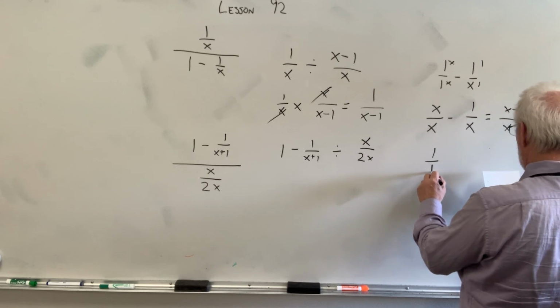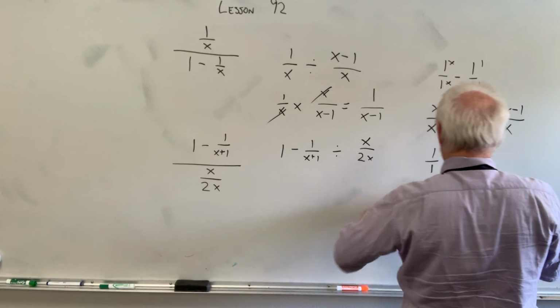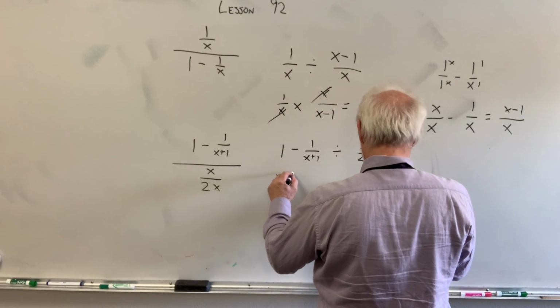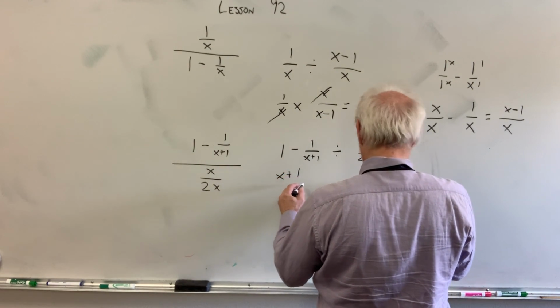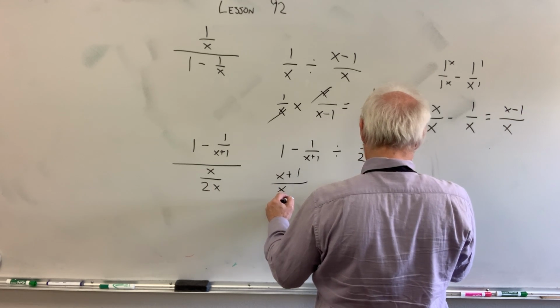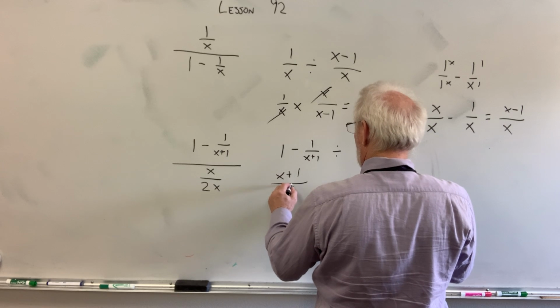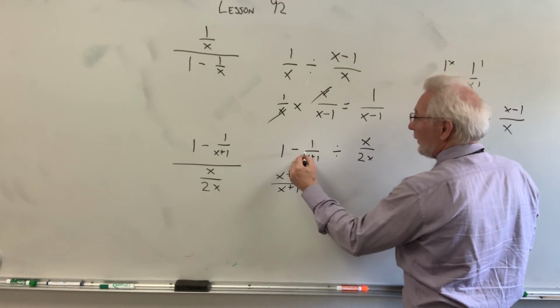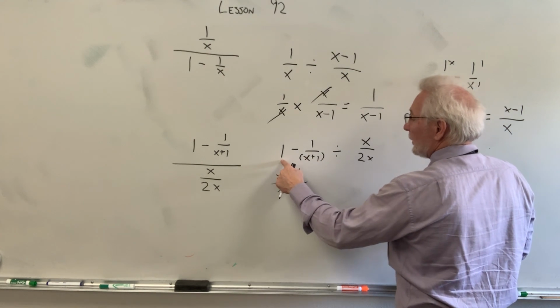All right, so we get x plus 1 over x plus 1, because that's, again, multiplying this to get the common denominator.